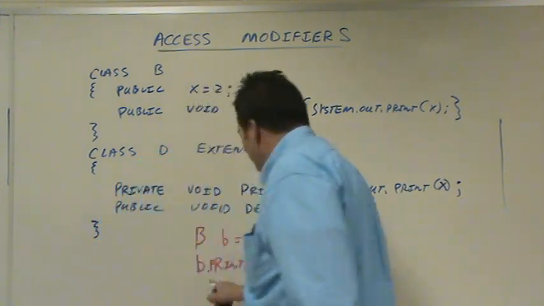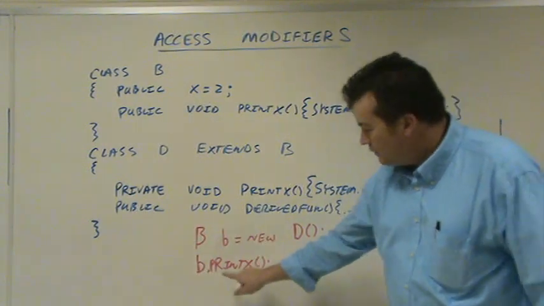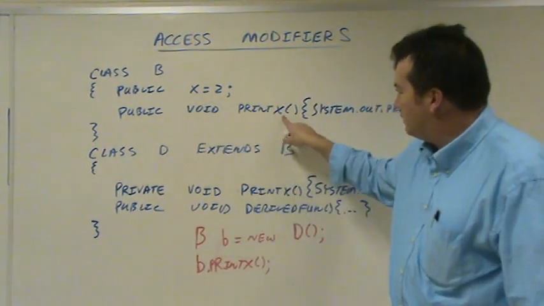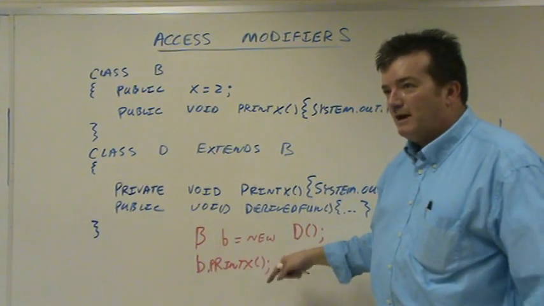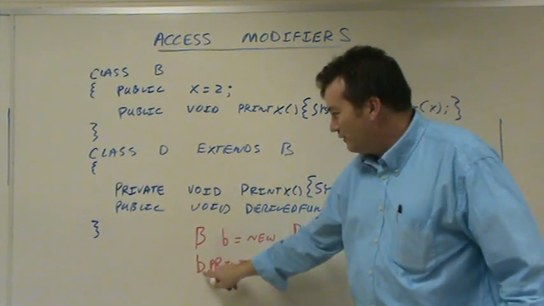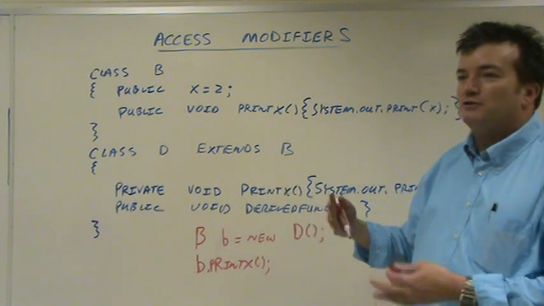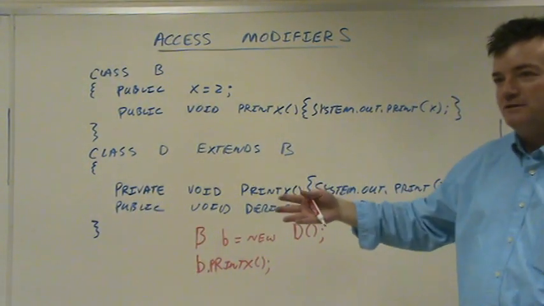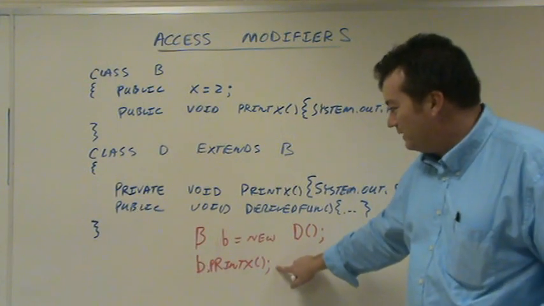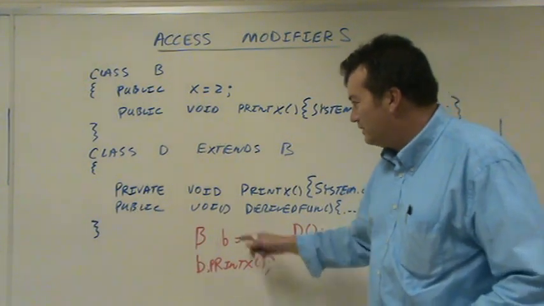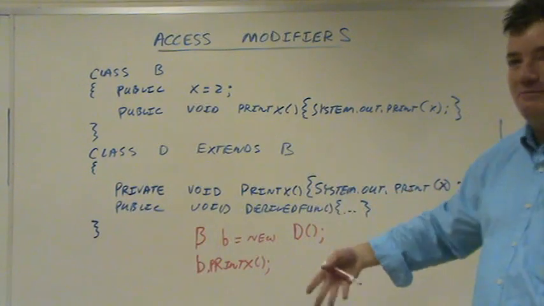That should compile, right? Because a base object has a method called printx, which is public. So this should compile. But at the moment, this is referring to a derived object. The compiler doesn't know that. You only know at runtime. So this will compile, but at runtime this should not run because this has now been converted to a private method.